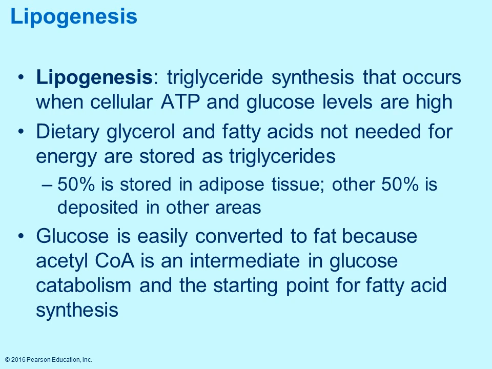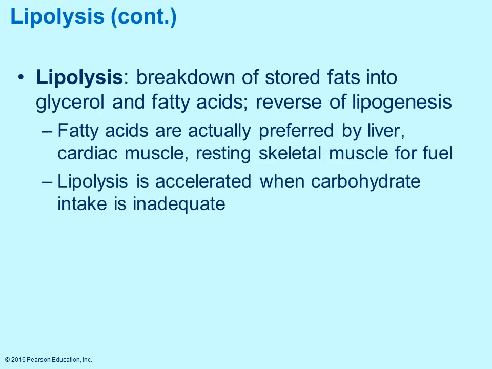Lipogenesis, as the name implies, is synthesis of triglycerides, and lipolysis is the breakdown. So lysis is breakdown, genesis is the synthesis or building of it. Lipolysis is accelerated when carbohydrate intake is not adequate.